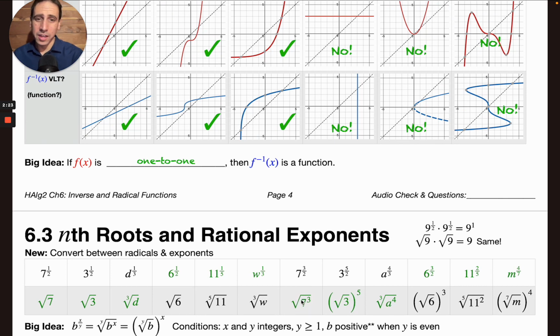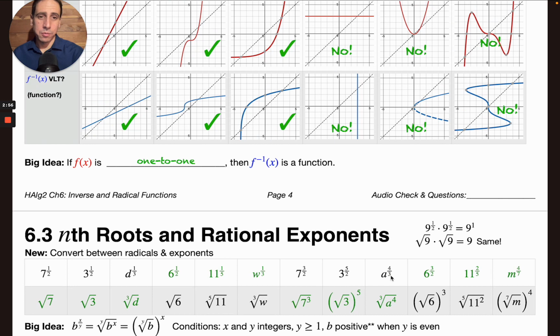You could also write the 3 on the outside as well, like you see right here. 3 to the 5 halves: the denominator turns into a radical, and the 5, the numerator, can be written on the outside. It could also be written on the inside like you see here, but I just wanted to show two different versions of the same idea. Numerically, they turn out to be the same. It doesn't matter if you put the 5 on the outside or on the inside. If you wanted to find a decimal answer for both, they'd be the same decimal.